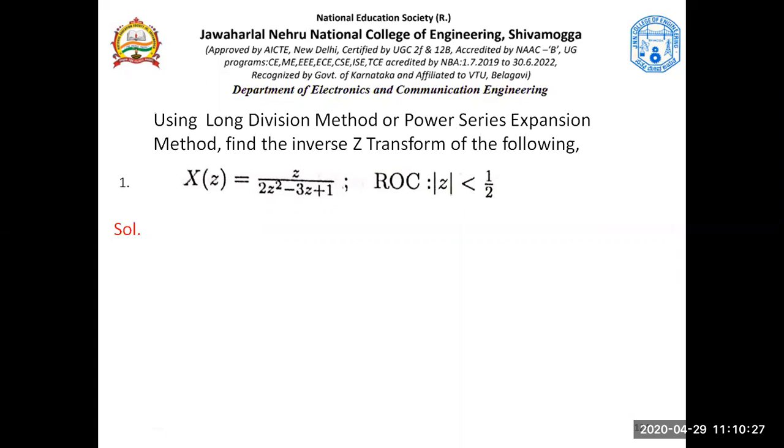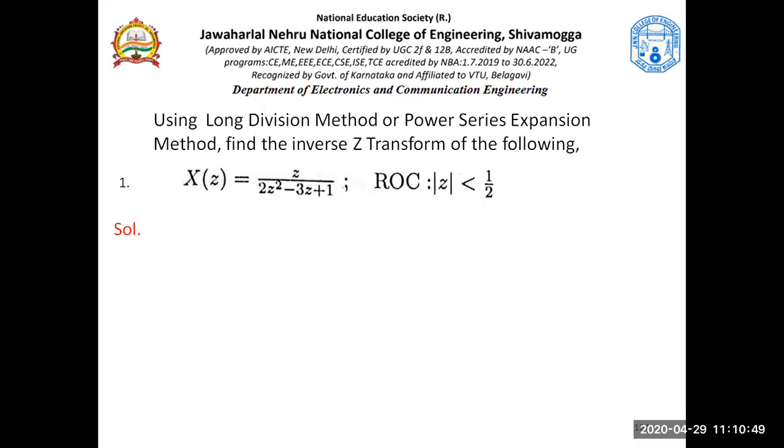When we say the region of convergence is inside the circle, what we understand is that when you apply the inverse Z transform on this, in the time domain we have to have a negative time sequence. A negative time sequence is a left-sided sequence.